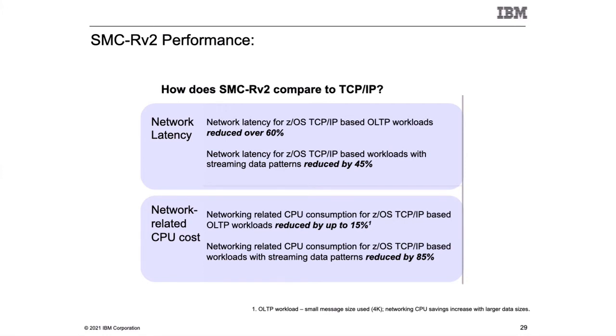And for workload streaming data, such as database software replication, network latency is reduced by 45%. And the CPU story is just as good. For these same OLTP workloads, CPU utilization used for networking is reduced by up to 15%, while for streaming workloads, CPU is reduced by even a greater amount, 85%.